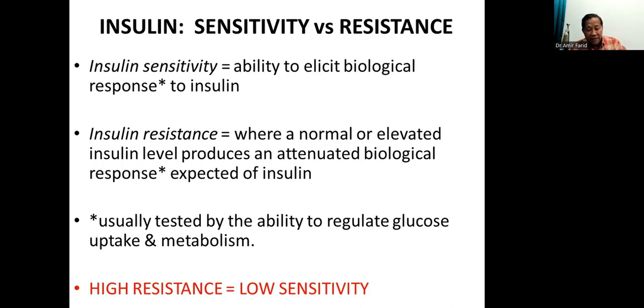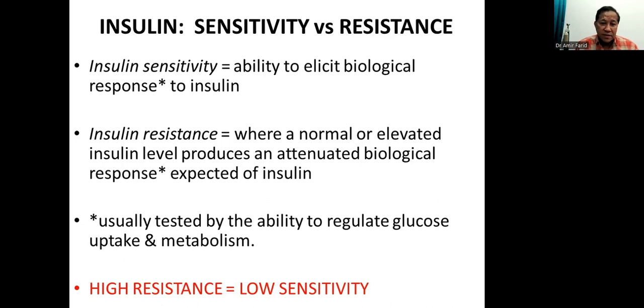Plus another big function, the cell division part is another response to insulin also. But usually this response is just tested and measured by the ability to regulate glucose uptake and metabolism.